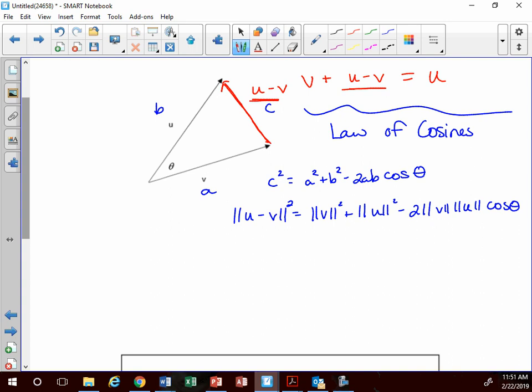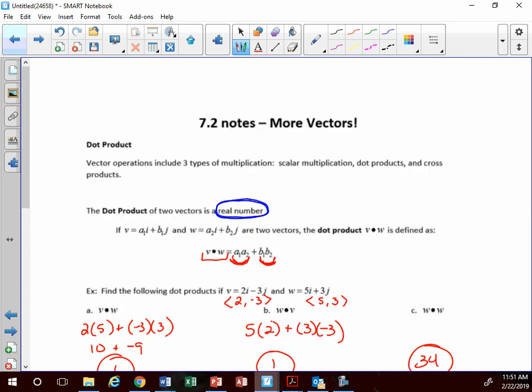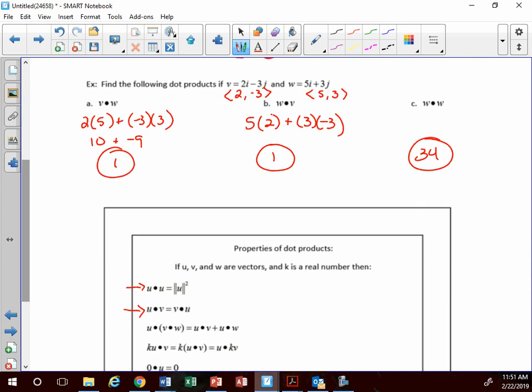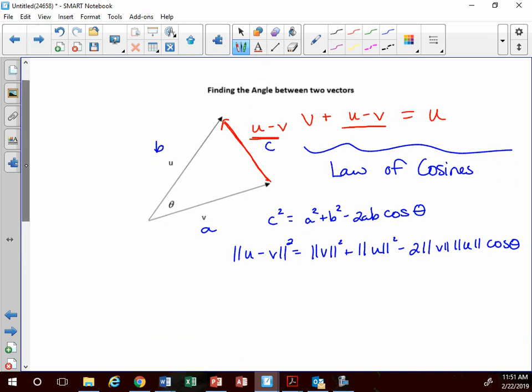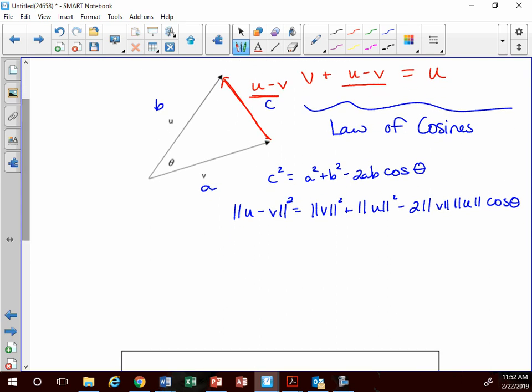We're going to use our properties from the last page to expand this a little bit. This very first one: if I have the magnitude of the vector squared, it's the dot product of that vector with itself. So I'm going to show you how we expand this and get rid of almost all of these magnitude lines. So the magnitude of u minus v squared is really u minus v times u minus v.